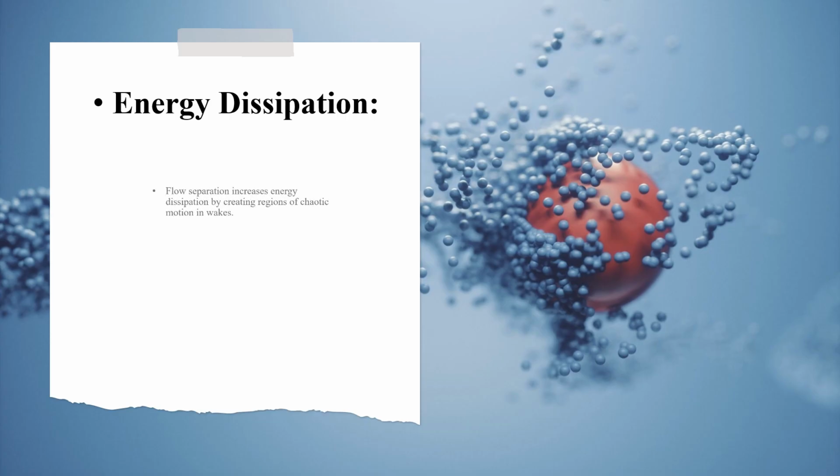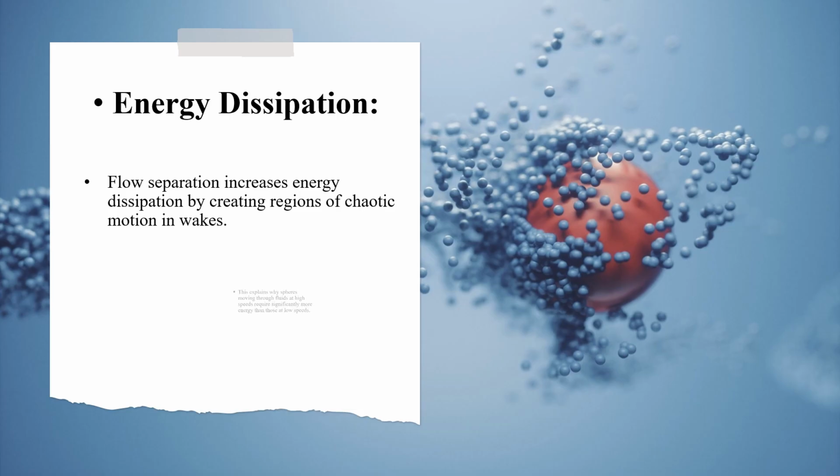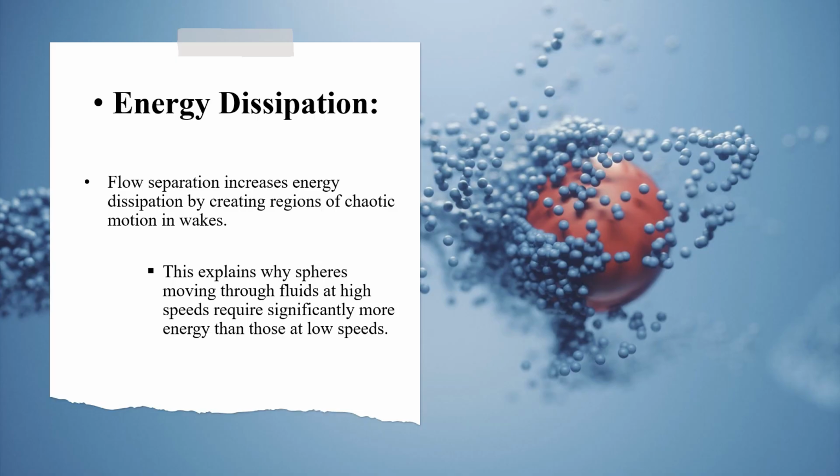Now, you might be wondering what happens when the flow separates from the sphere? How does that affect the energy of the system? The answer lies in energy dissipation. When the boundary layer separates from the surface of the sphere, it creates a region of disturbed and chaotic flow, forming a wake behind the sphere.